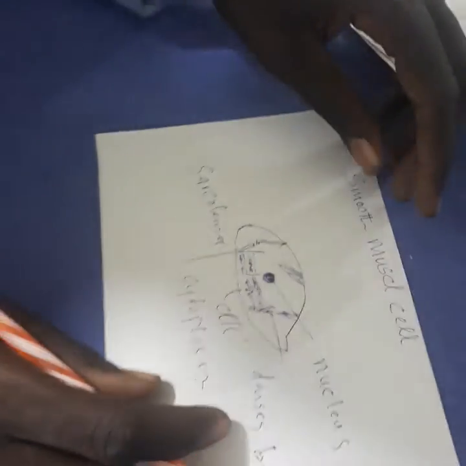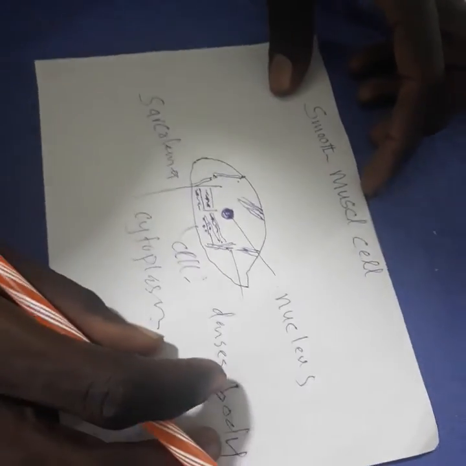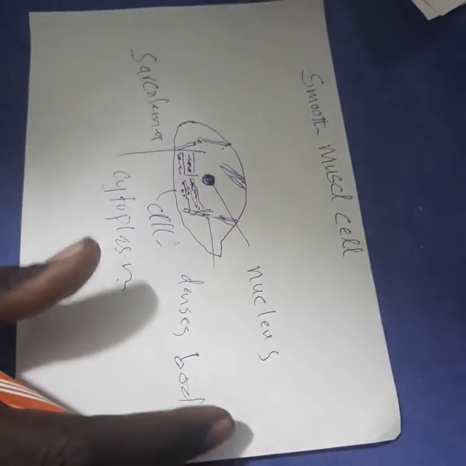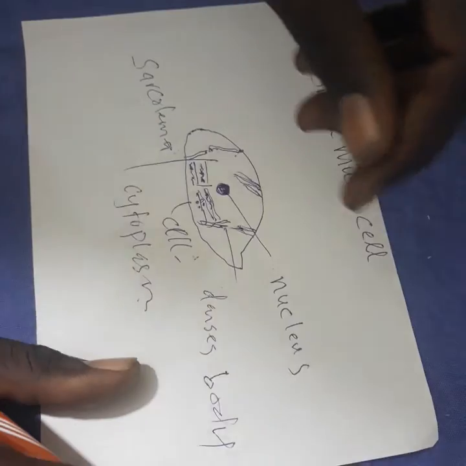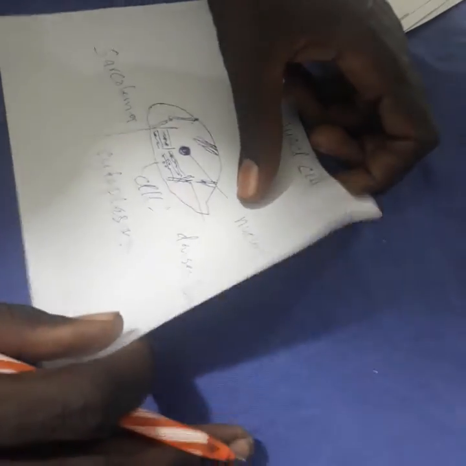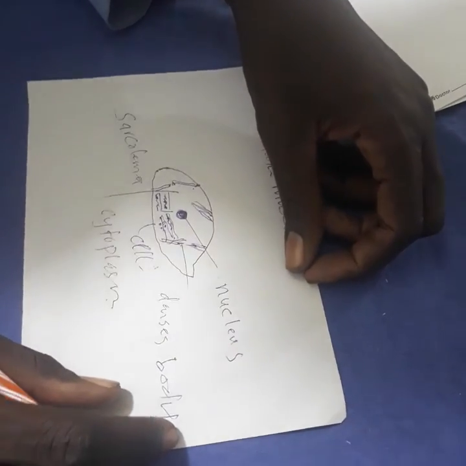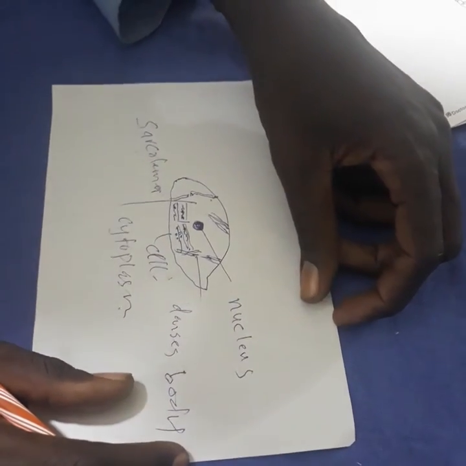Another type of muscle cell is the smooth muscle. The smooth muscles are divided into two. We have visceral smooth muscles, and we have multi-unit smooth muscles.